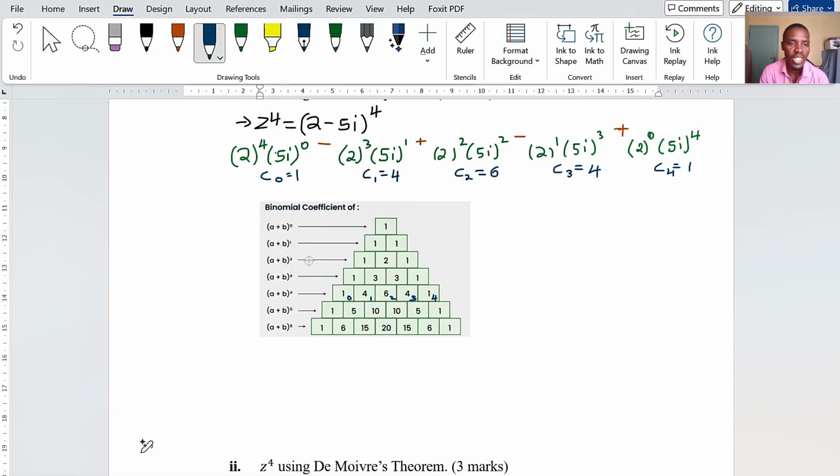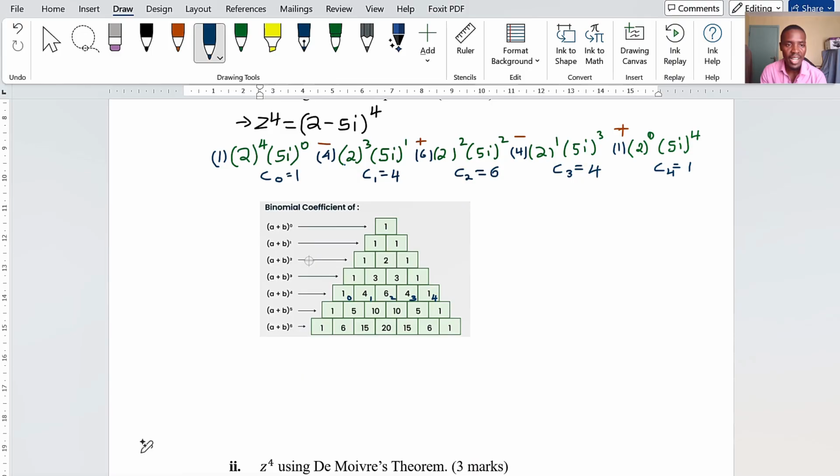So once these coefficients are ready, we now include them in our expansion. So you have 1, you have 4, you have 6, you have 4 as well, and you have 1.